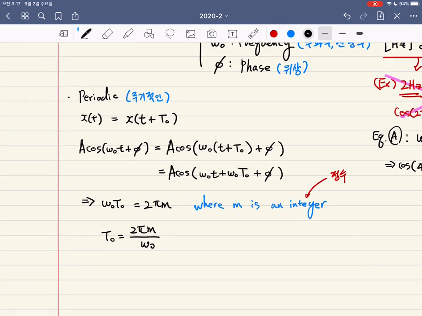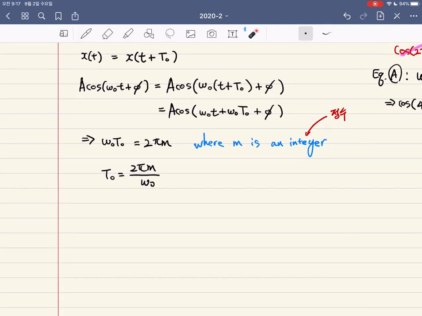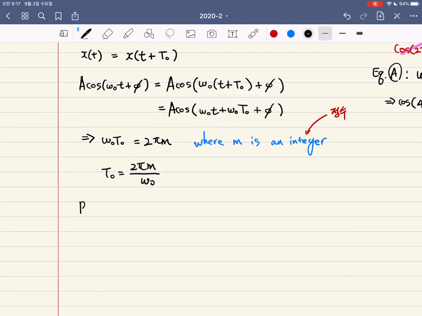So we are talking about the periodic property, and we can define period as the smallest value of t0. So this is a definition.